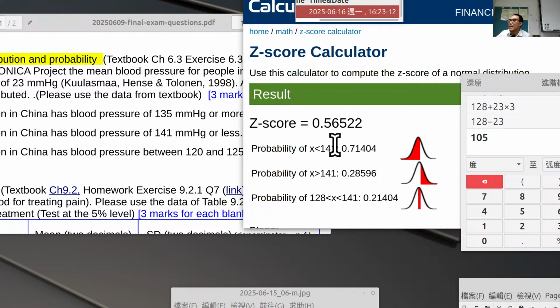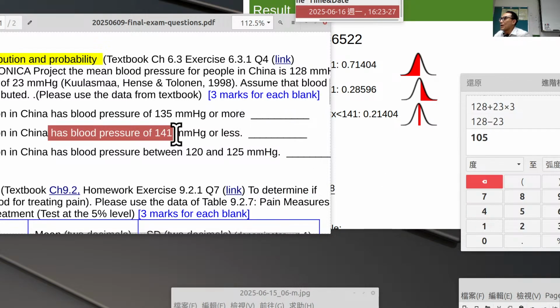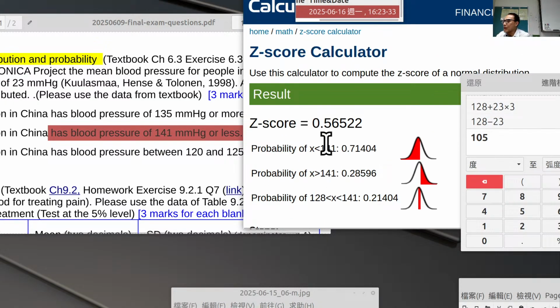And the z-score is 0.5. What does it mean? It's greater than the mean, but does not reach one standard deviation. Okay, and the question is the probability of smaller than or equal to, and we will pick up this one. Here is the answer.